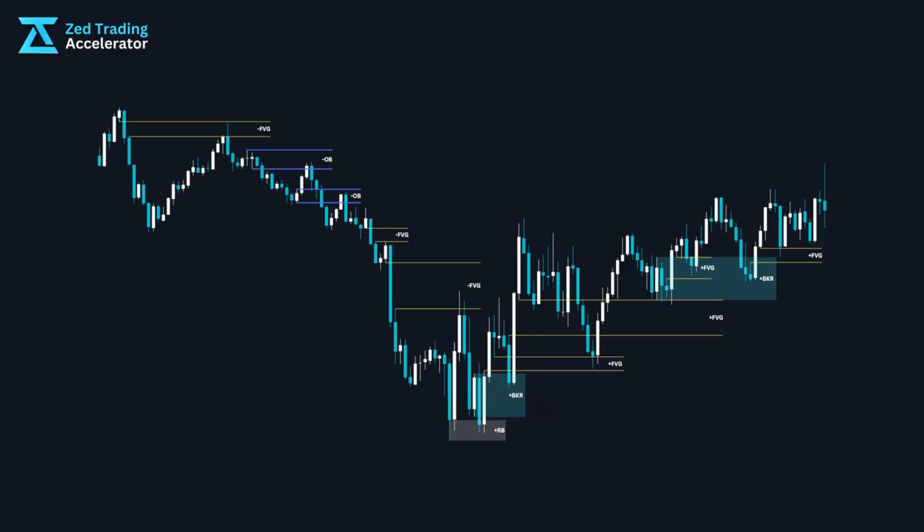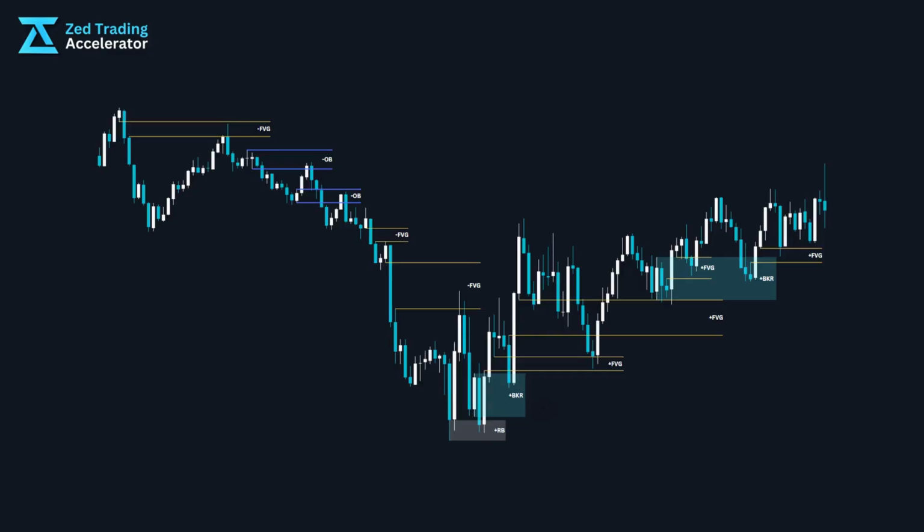If the price is respecting our PD arrays, it means the price is continuing in our trend. But if we see the price completely disrespecting our PD arrays, or it starts to disrespect them, it's a strong sign of reversal.